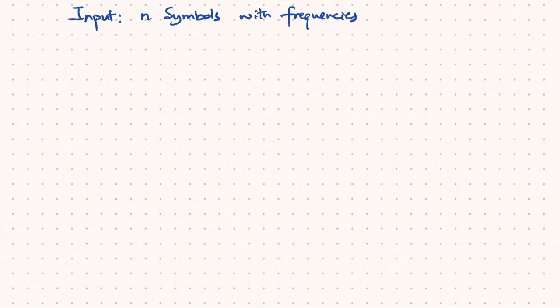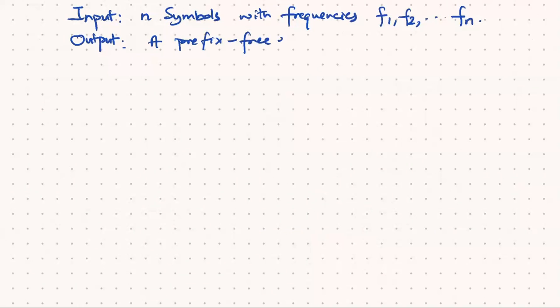So symbol 1 has frequency f1, symbol 2 has frequency f2, and the nth symbol has frequency fn. And the output that we would like, informally speaking, is a prefix free encoding of optimal size.